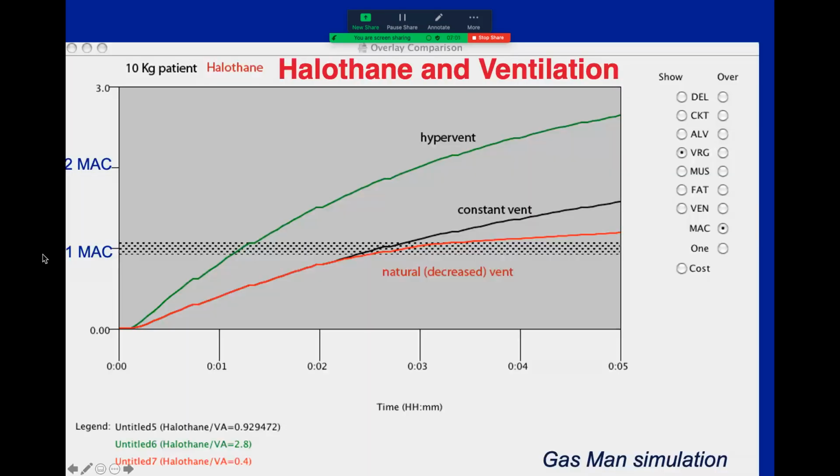Here we have in the red, so we're looking at the anesthetic partial pressure in the patient's alveoli, which is very close to that which is in the patient's brain. We see in the natural course of things when ventilation is constant, inspired is going up, expired is now coming up, and with decreased ventilation that happens naturally with halothane, we get the patient remaining at a fairly reasonable anesthetic depth.